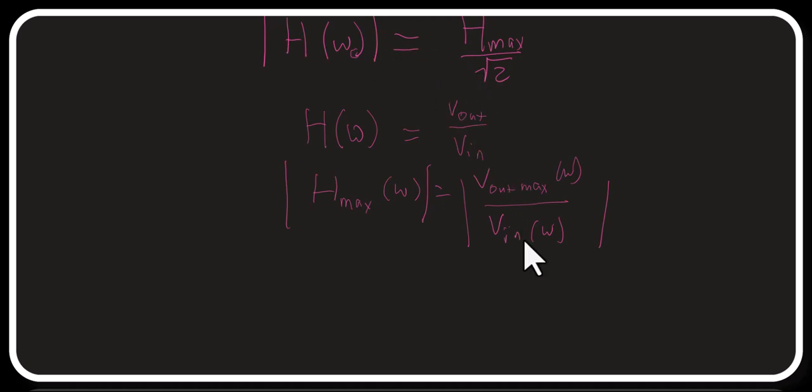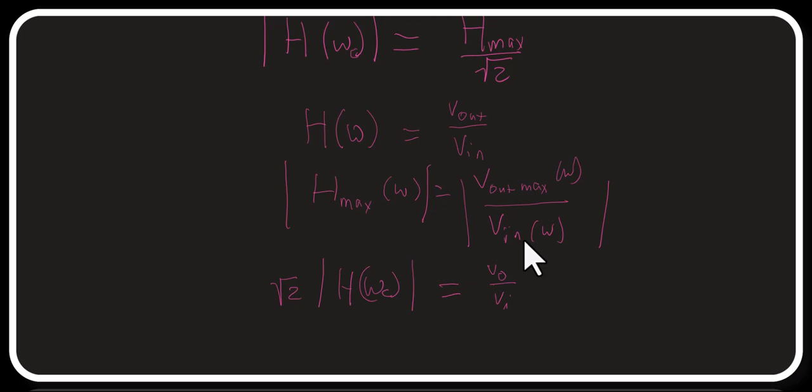So h max will be the square root of 2 times the magnitude of h at the corner frequency, and that equals the magnitude of v out over vn at the corner frequency, or the cutoff frequency.